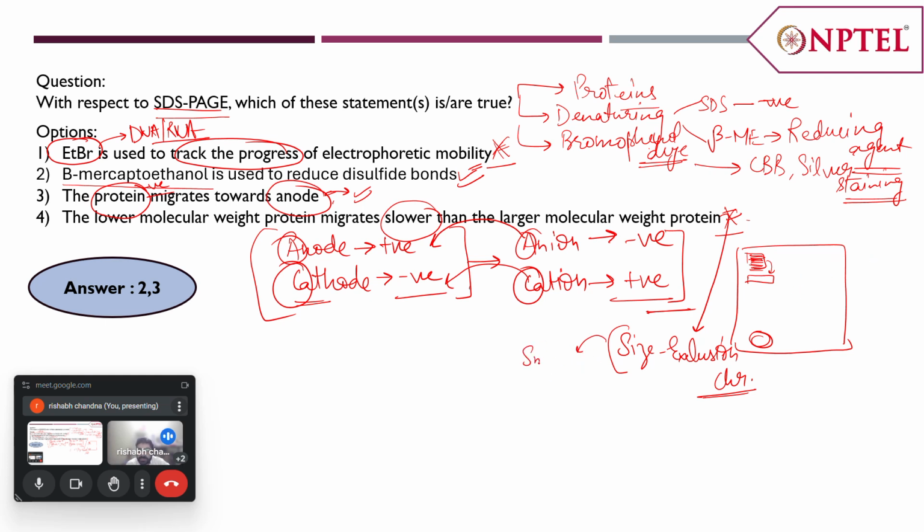The smallest protein will travel the longest distance in the column, so it will come out last. And the largest protein will travel the smallest distance and will come out first. So this is the case with size exclusion chromatography. I hope you guys understood the question.